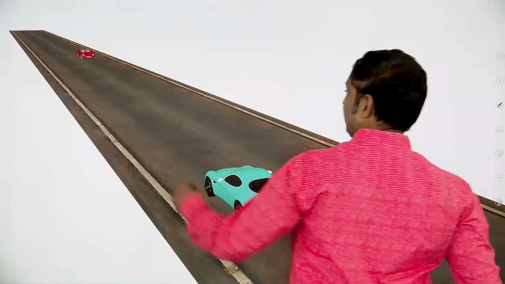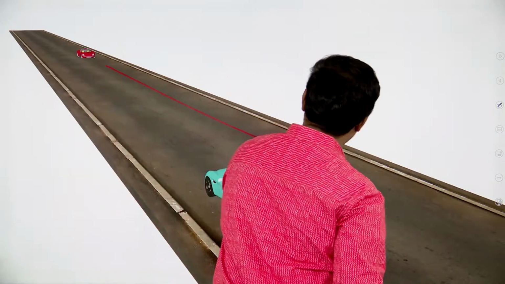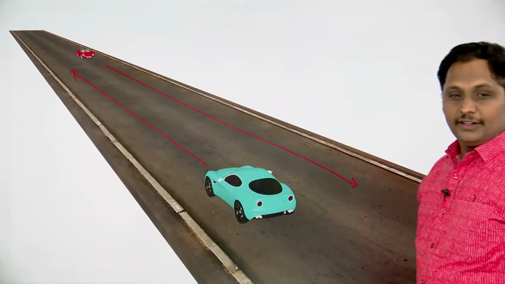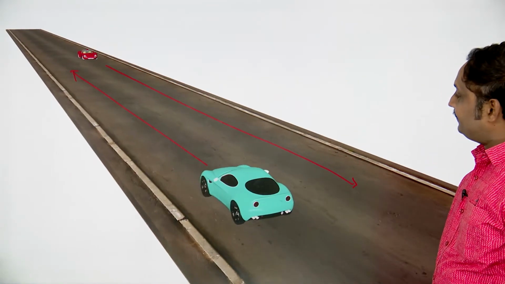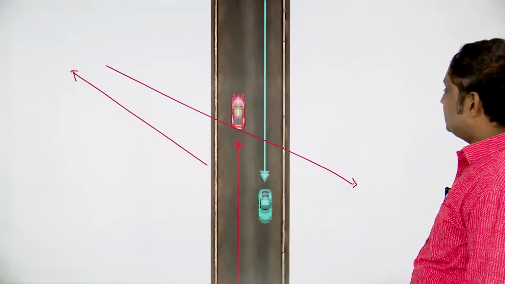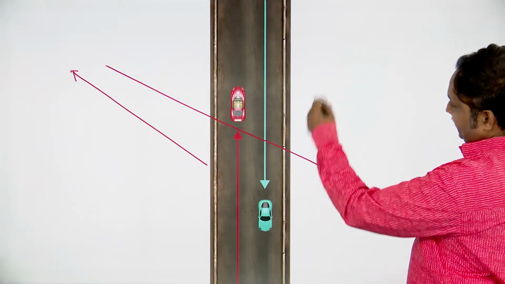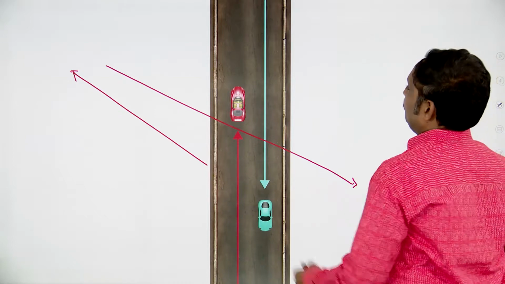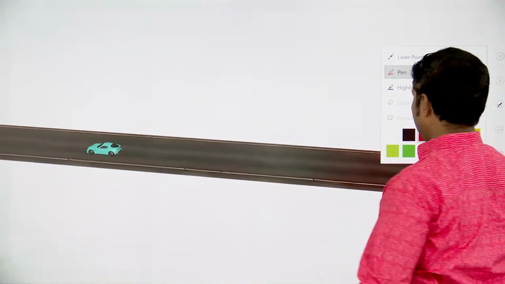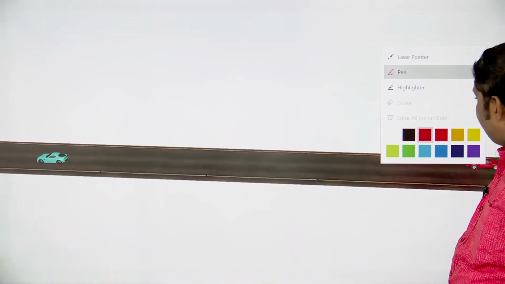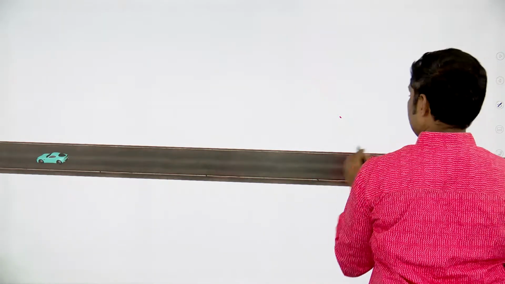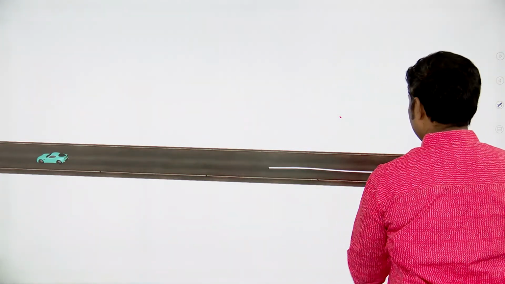It is going to move in this direction, and it's going to move in this direction. These are going to be identified. This is the case we would like to go for.